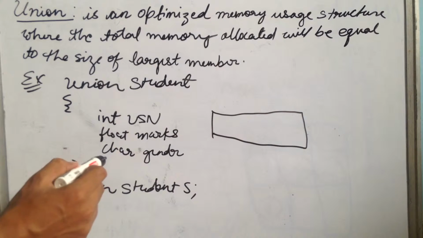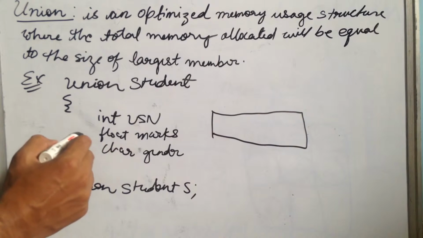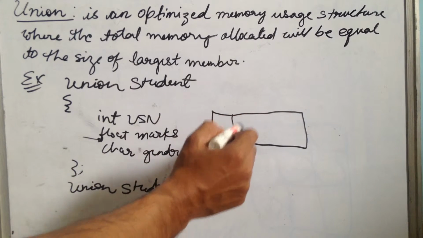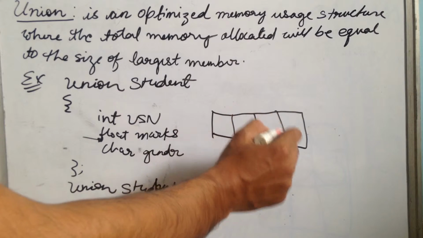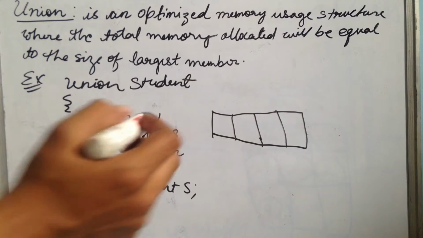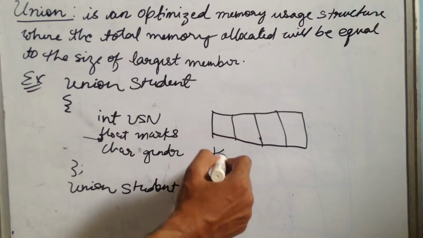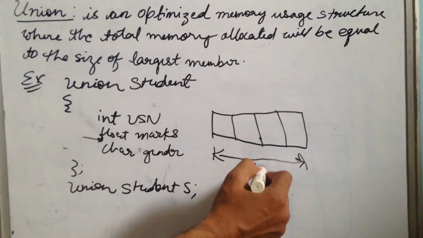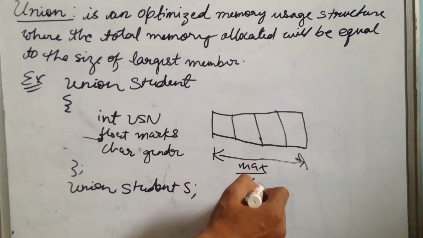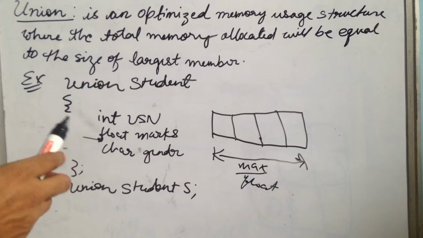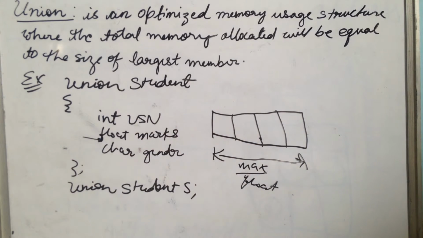Which one is having the maximum size? Float is having 4 bytes, so it will be allocated 1, 2, 3, 4. This will be the maximum, for float. So the memory allocated for this union will be 4 bytes.